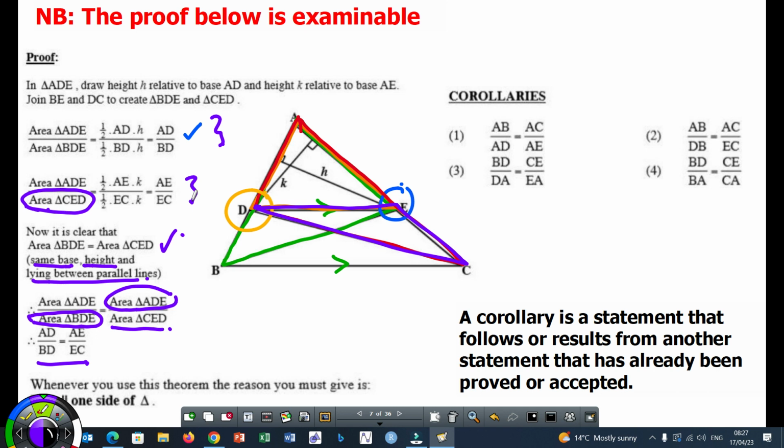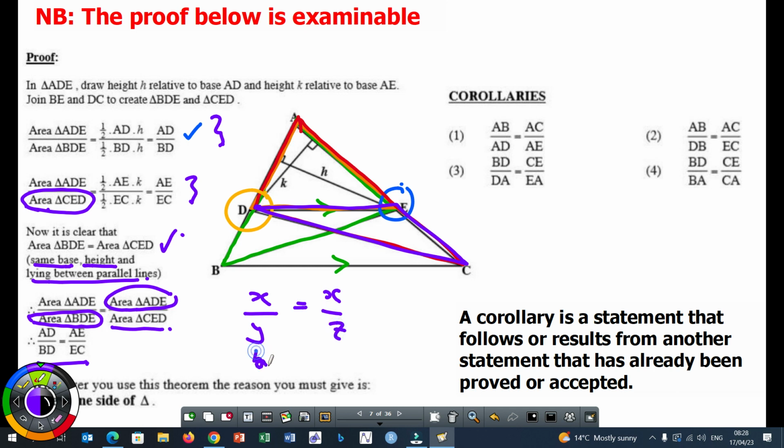Okay, it's very simple here. I'm sure you can see that the numerator is common, right? The denominators, though there are two triangles that are different, their areas are the same. So it's more like if you say x over y, this will be equal to x over z, but y is equal to z.